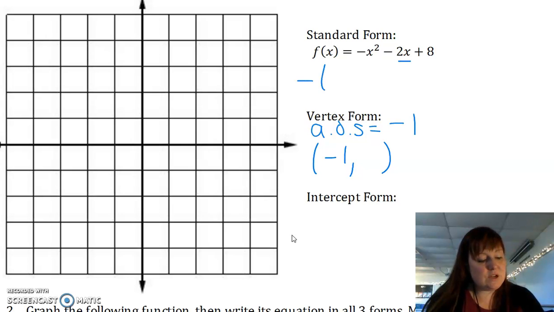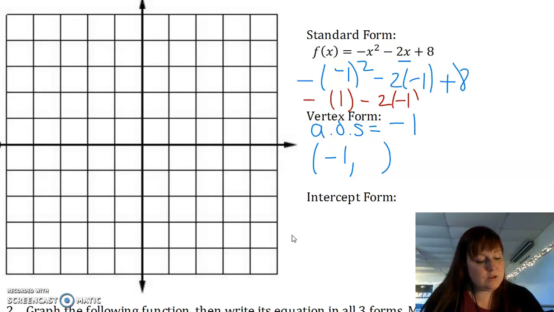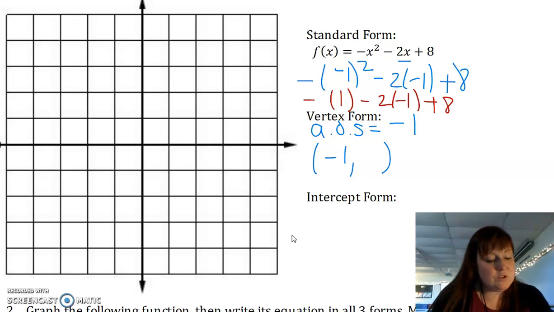Well, it's negative times negative 1 squared minus 2 times negative 1 plus 8. And negative 1 squared is 1. This is where everyone messed up. So you square the negative 1 first, and then you multiply it by the negative.